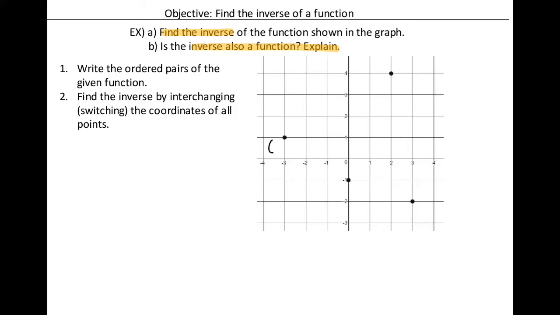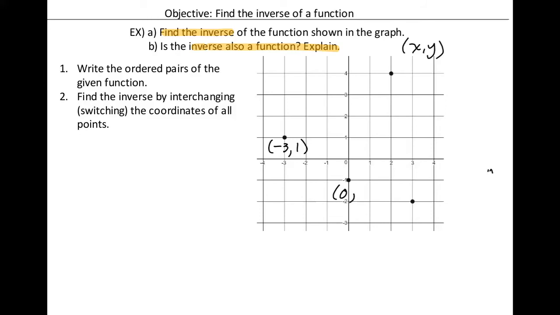So this one here on the far left, remember it's x, y. So first you look at the x value. My x value there is -3, and my y value is 1. For my next coordinate down here, that x is 0.